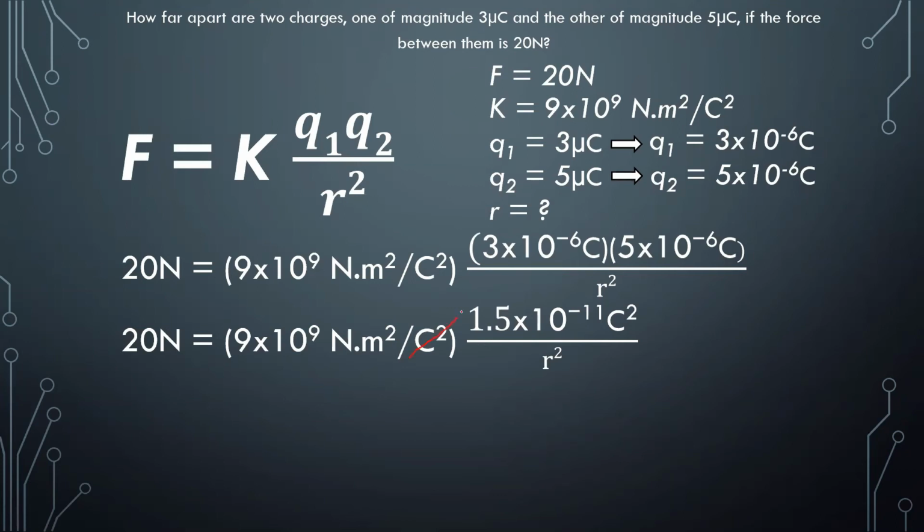Cancel yung square coulomb. Then multiply 9 times 10 to the power of 9 times 1.5 times 10 to the power of negative 11, and that results to 0.135 Newton times square meters.